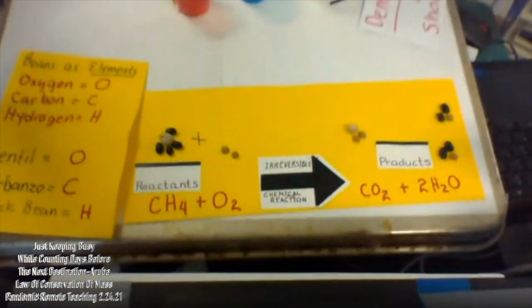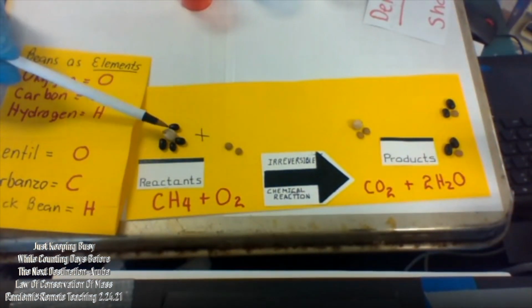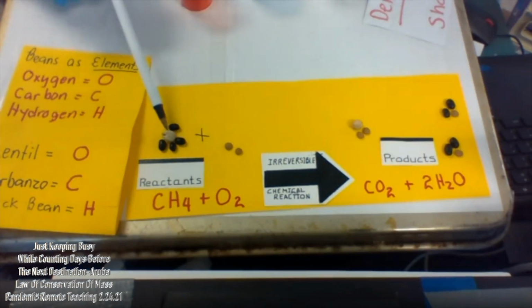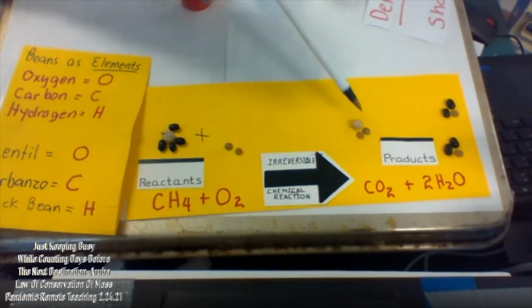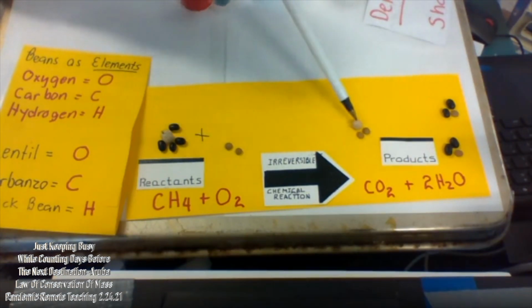All right, let's move on to the next 2 elements. Let's look at carbon, which is the garbanzo. So the carbon, how many garbanzo do we have here in the reactant? How many? 1, right? Correct. If you haven't put the number 1, please do so. Now, what about on the product side? You will see I'm jumping from one side to the other. How many do I have here?